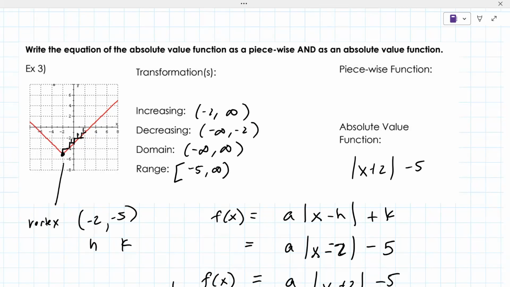All right, so let me see the transformation. So we found m is equal to 1. Can you scroll down a little bit? Okay, so we got a equals 1.